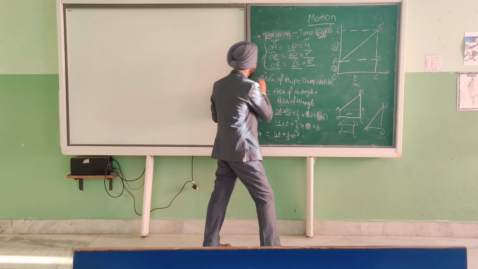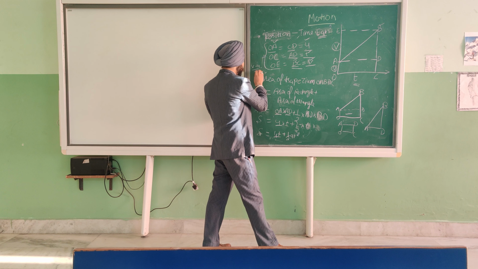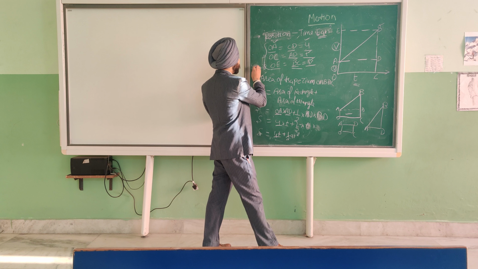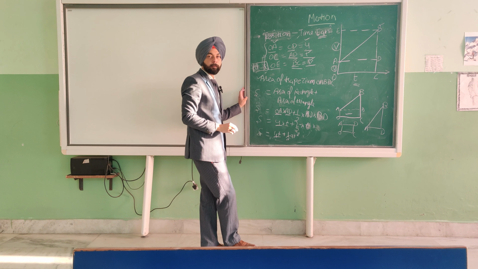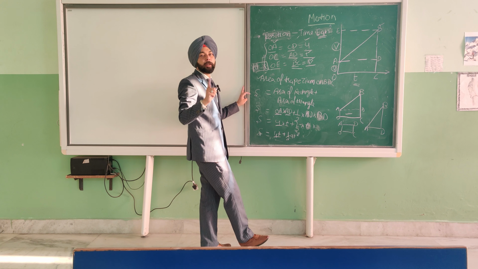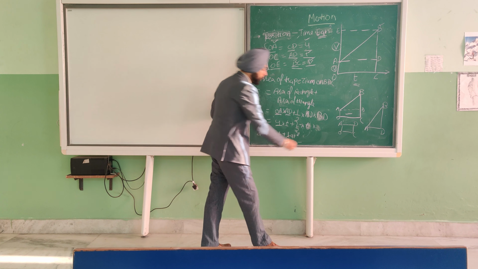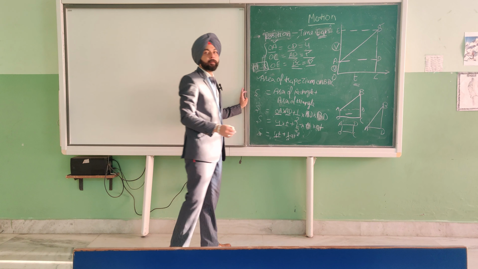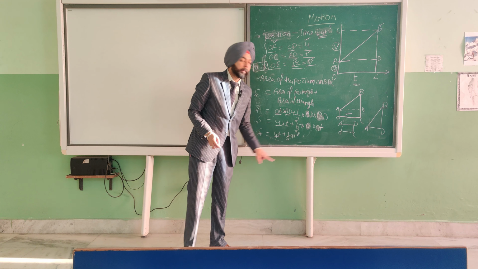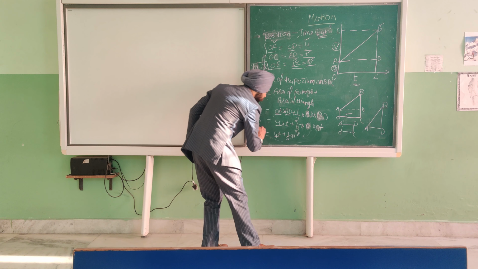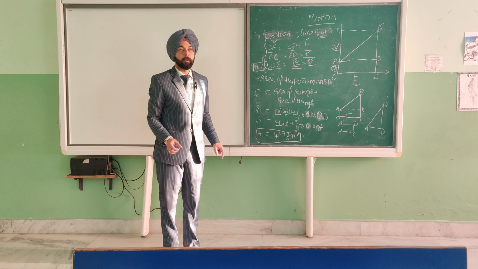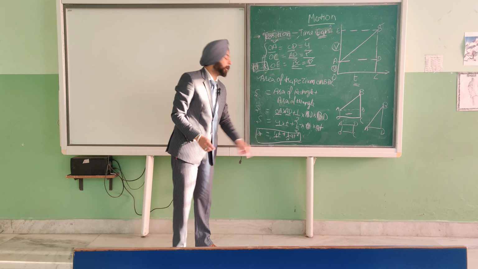And from equation number 1, (V minus U) upon t is equal to a, meaning at is equal to BD. So V minus U is equal to at. What you put in the first equation as BD is equal to at. Then we can put the value of BD here. So s is equal to ut plus half at squared. This one is equation number 2, the relation between position and time. So s is equal to ut plus half at square.